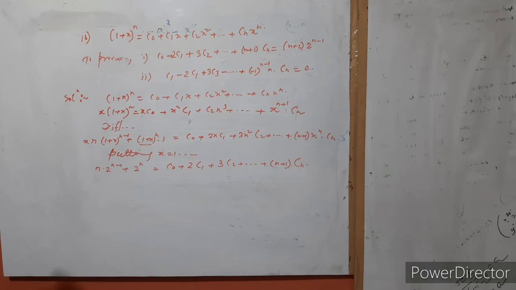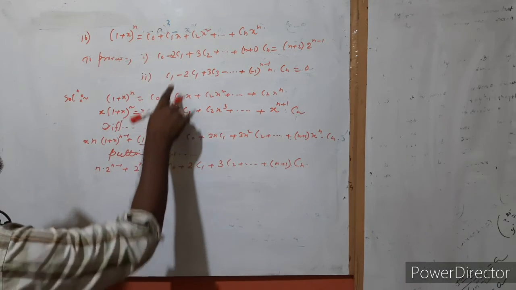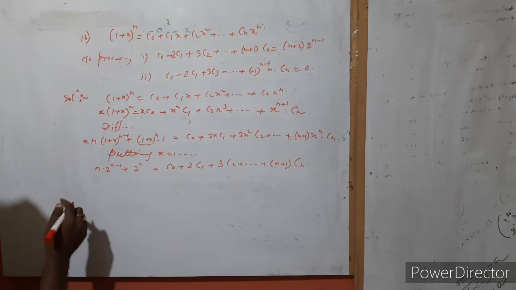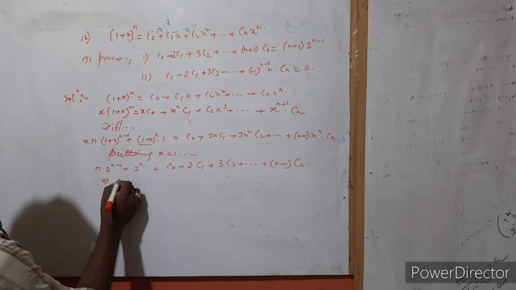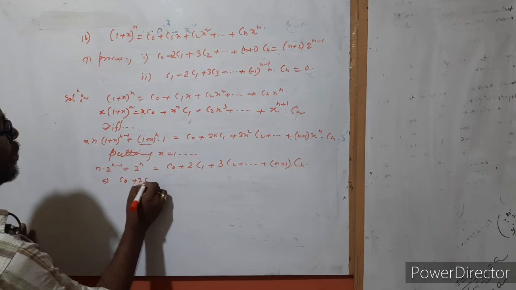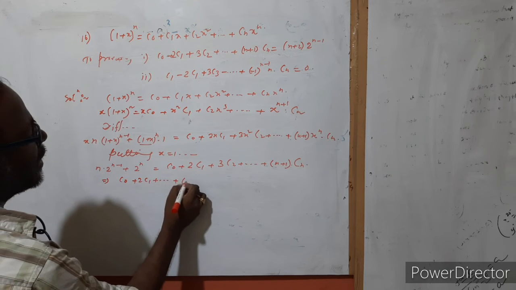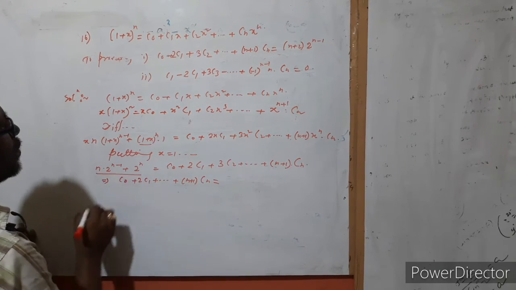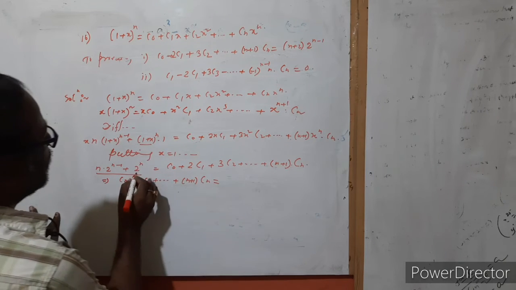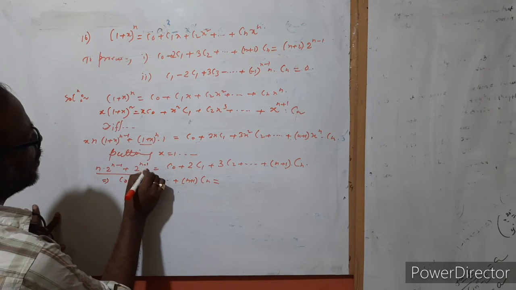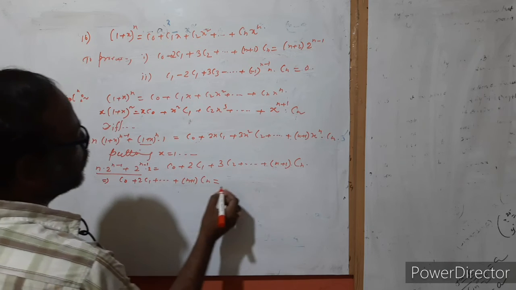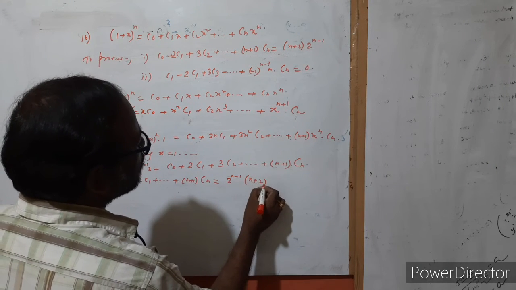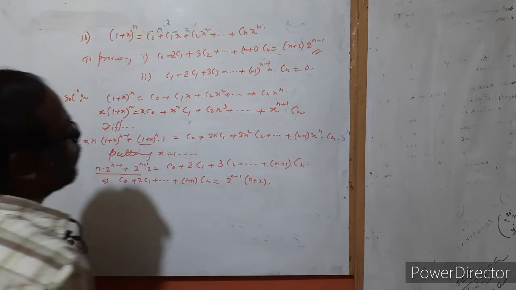Okay, so c0, 2c1, 3c2. Okay, it is proved on the left hand side. So you can write here c0, 2c1 up to n plus 1 into cn, and you have to take common 2 to the power n minus 1 into 2 here. So n plus 2 into 2 to the power n minus 1, this is proved. Okay.